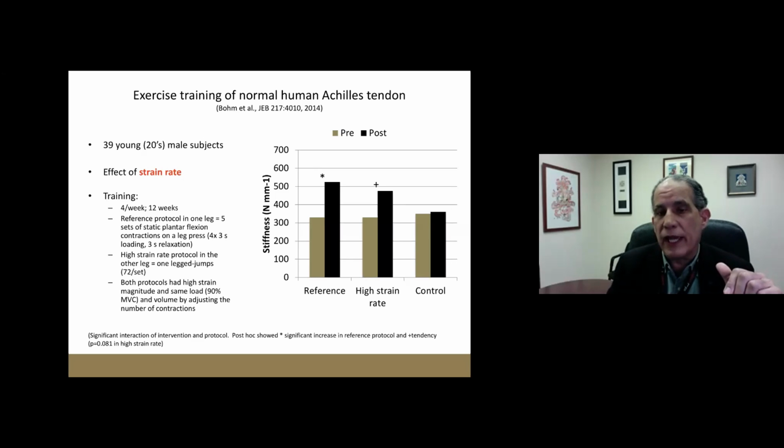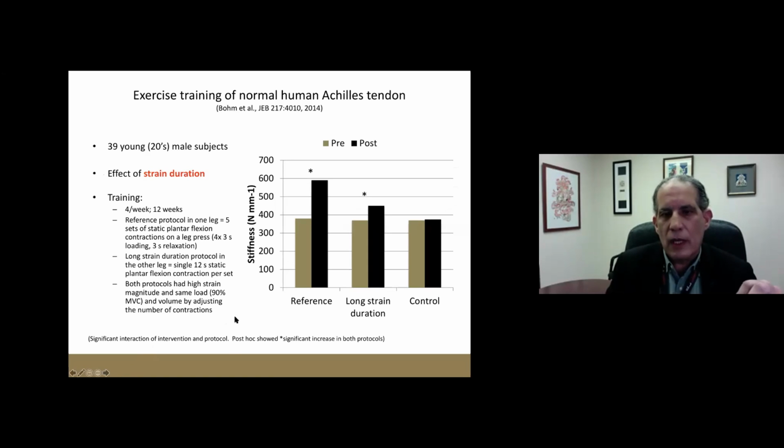And they compared that with jumping. Jumping has a high strain rate. And as you can see, there was no difference between the two. In fact, the reference protocol was better. So no need to do a lot of jumping for this. It's slow loading that we need to do. Slow loading. Number 2 is the question of duration, and I alluded to this before.